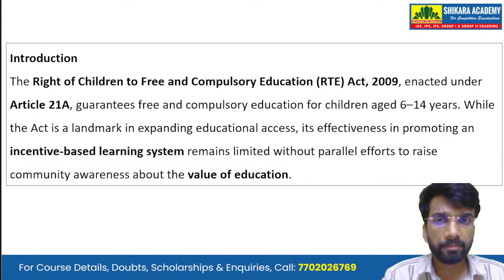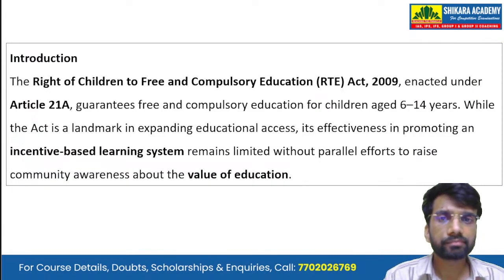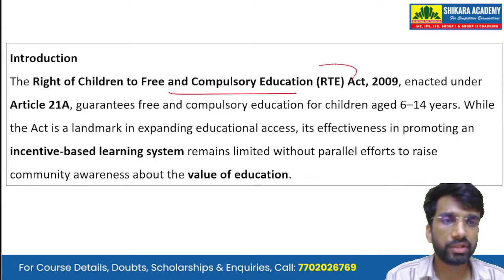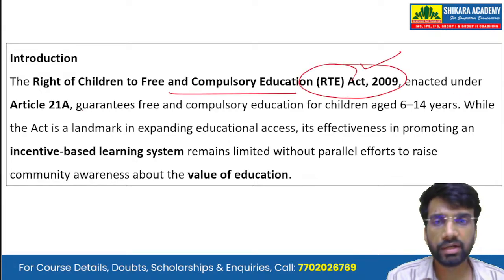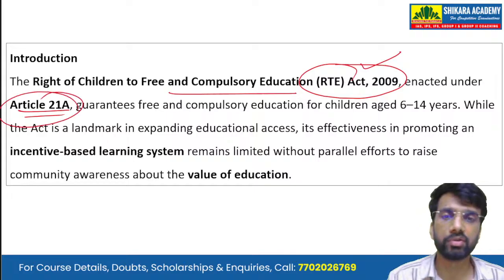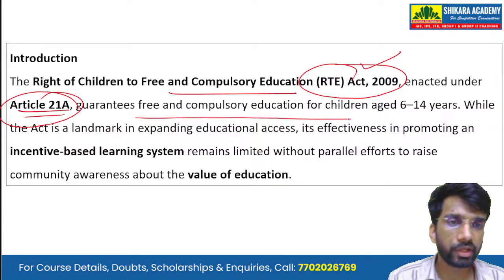So starting with the introduction: the Right of Children to Free and Compulsory Education, that is the RTE Act of 2009, enacted under Article 21A of the Constitution, guarantees free and compulsory education to children between 6 to 14 years of age.